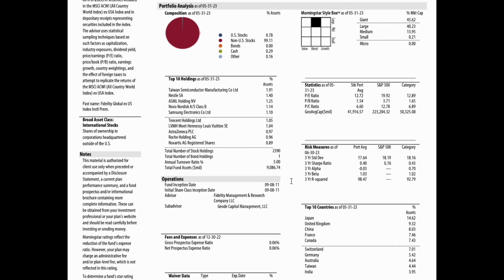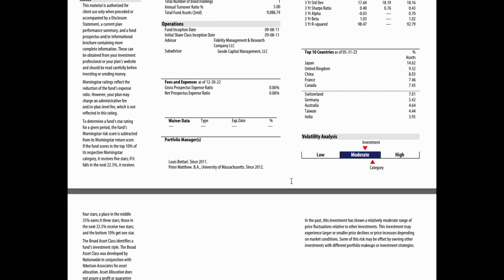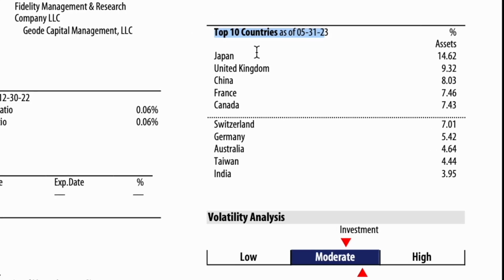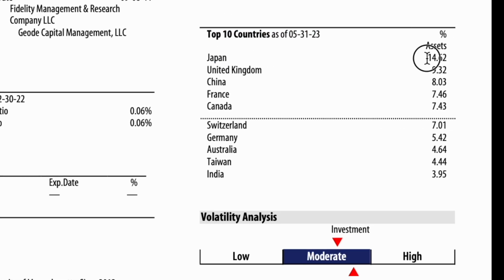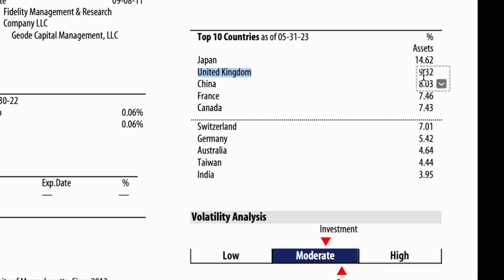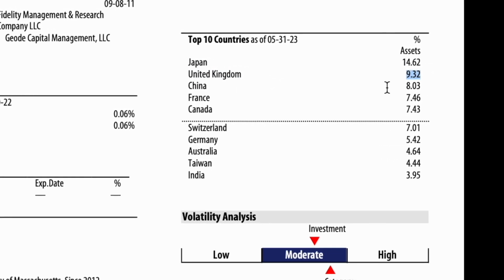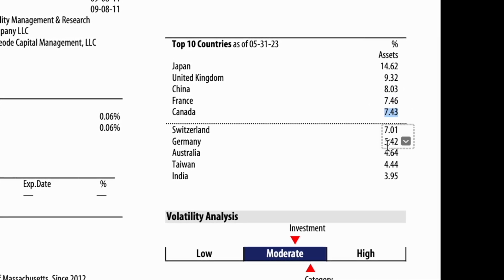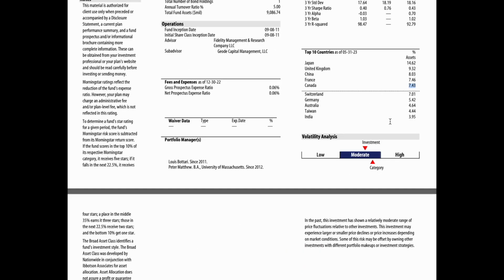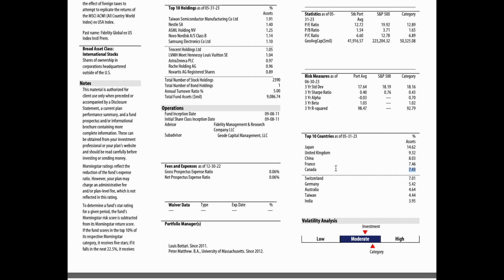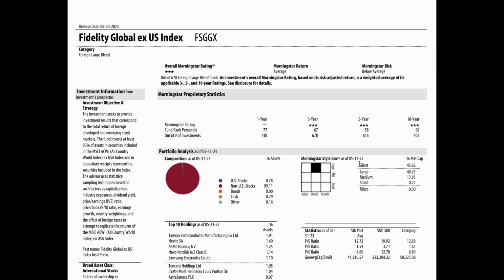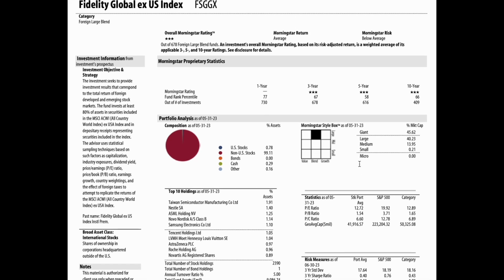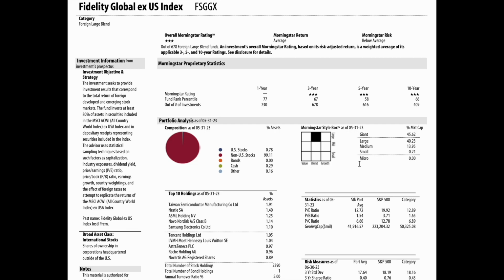And looking at this fund, you can see that the top 10 countries are Japan at 14% of this fund, United Kingdom 9.3%, China is 8%, France is 7%, Canada is 7%. So you're getting a good variety of investments for these, and you can see that you're at least investing in different areas of the world, which is something that you really want to look into when you're trying to invest globally. You want to have that overall broad picture.